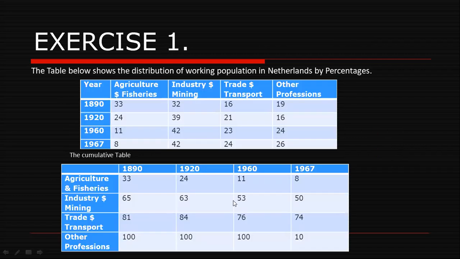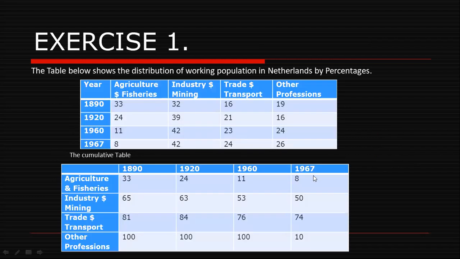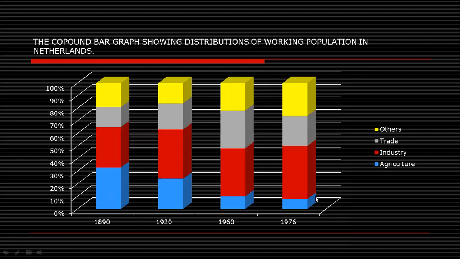Then if you go to this, that is going to give us 11. And when we go to this one, it is supposed to be 8, and when we label here, it will give us 8. That is one segment, which we are referring to as agriculture.